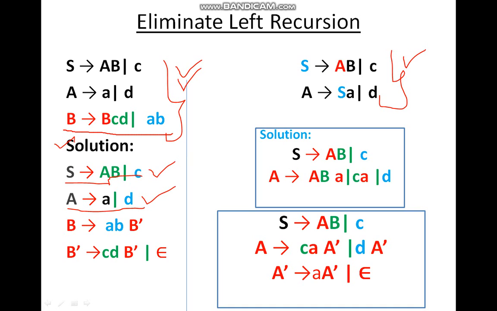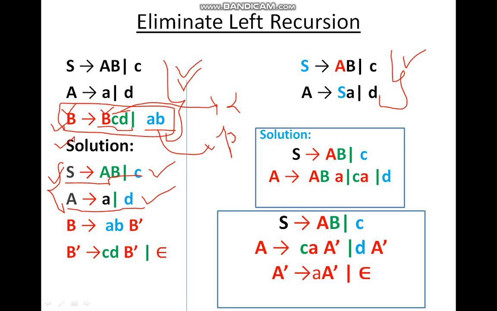But this production rule is causing left recursion because B is producing a term that is starting with itself. That's why we will eliminate left recursion from here, and we will keep the rest of the production rules as they are in the answer. So how to transform it? This CD would be alpha, and this AB would be beta.